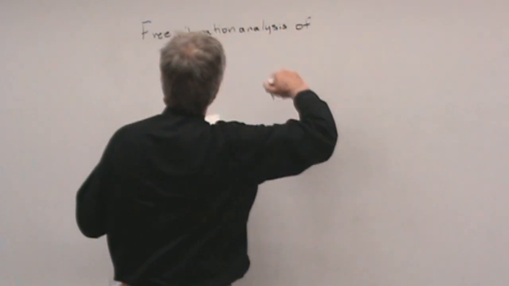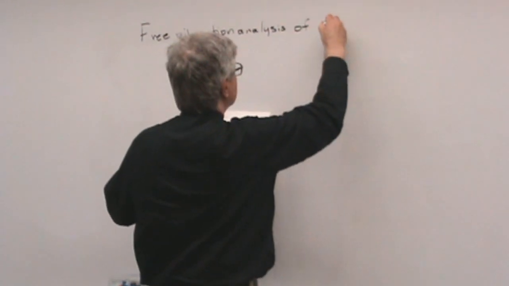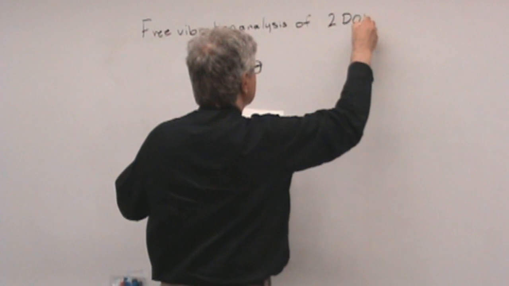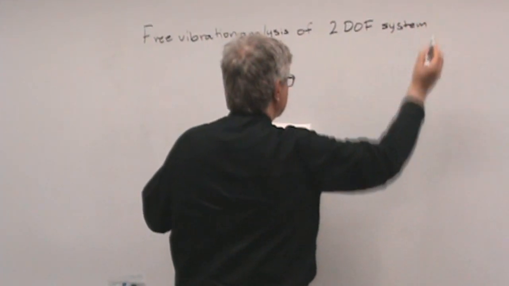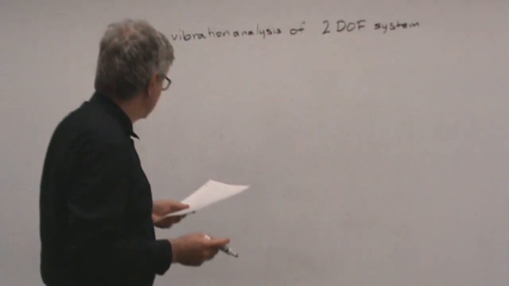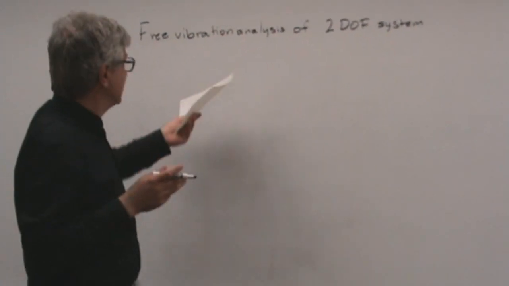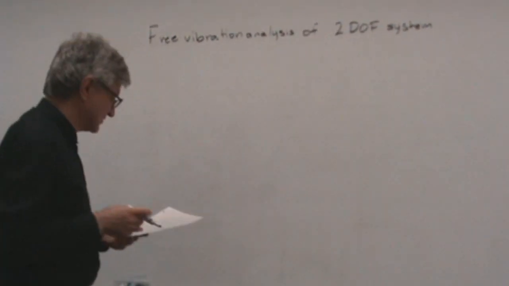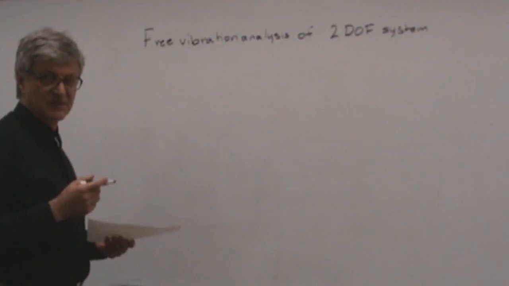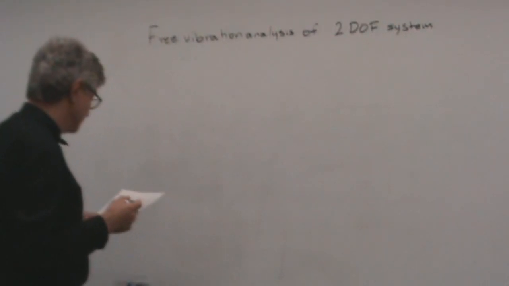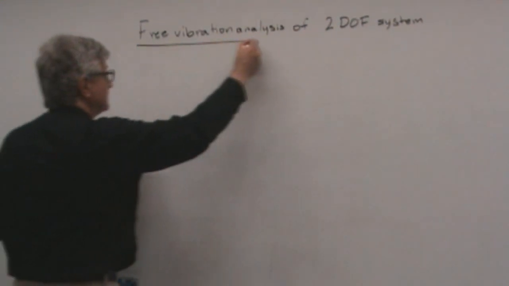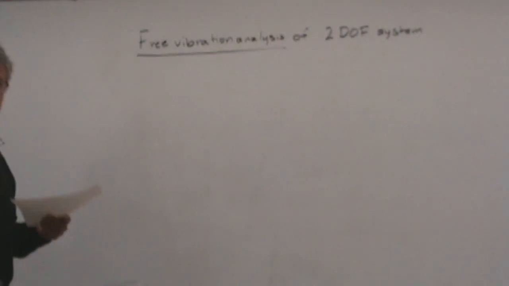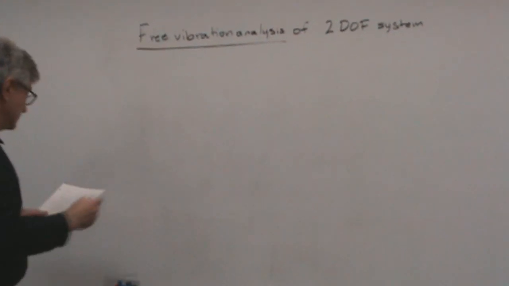So I'll write here free vibration analysis of 2 degree of freedom systems, but it is understood that everything applies to systems with n degrees of freedom, where n is arbitrary. Okay, so when we talk about free vibration analysis, forces are 0.